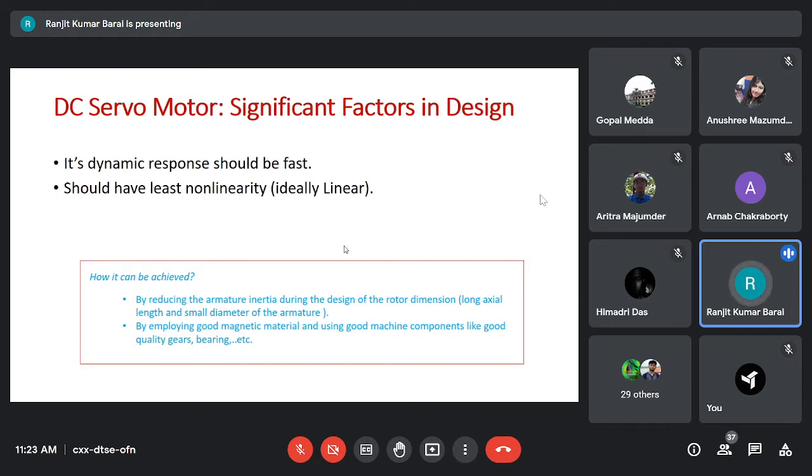So by reducing the diameter of the armature in order to reduce the moment of inertia, we are actually reducing the mechanical power output, which is not desirable.